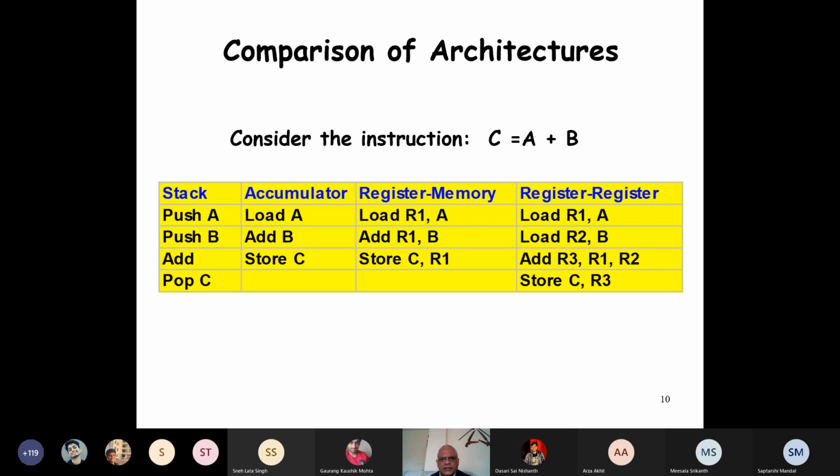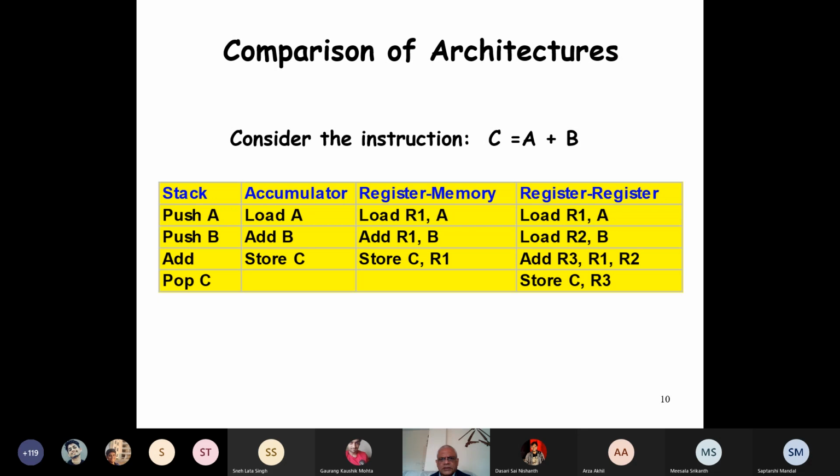In the accumulator architecture, you have to have one of the operands in the accumulator, then ADD that with B and store in C. In a register-memory architecture, one of the operands has to be in a register and another in memory.